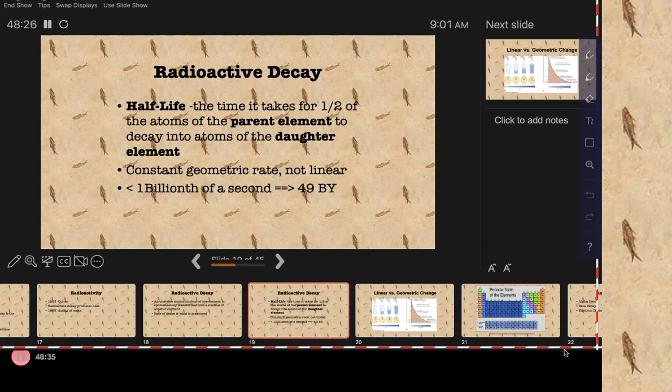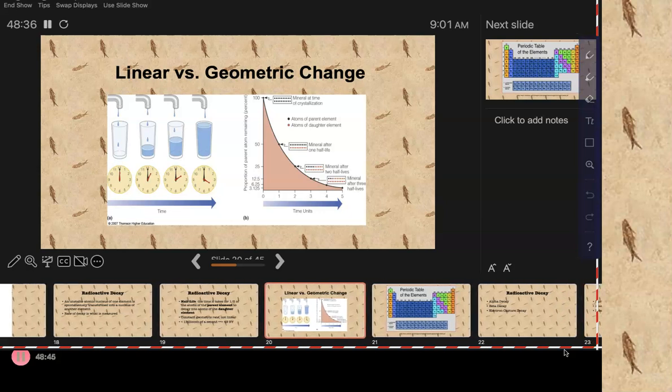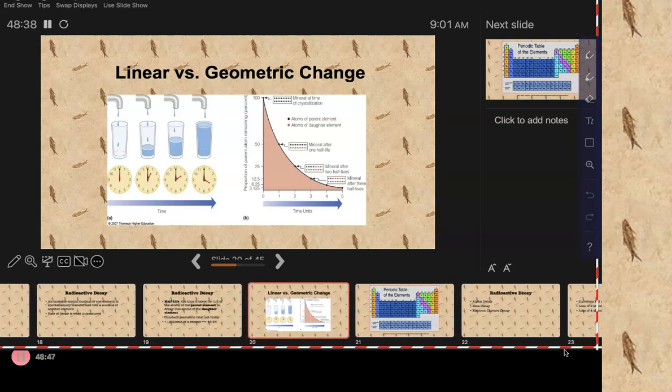All right, so anyhow, the geometric rate versus linear is kind of confusing for some folks. I always used to say logarithmic, and most of you didn't smile and nod at that one. You played with semi-log or log paper in math class probably, and you know that each jump isn't the same, right?